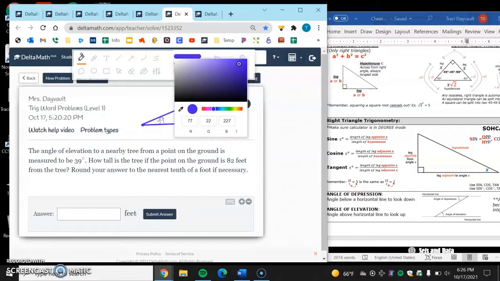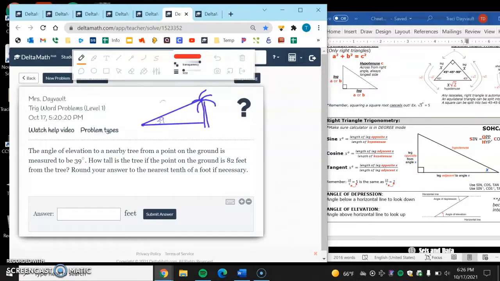All right, so let's think about how I'm going to fill in this diagram. We've got 3 sides of a triangle here. If it asks how tall is the tree, which part of this triangle would it be asking for? That would obviously be C because we're looking at how high the tree is.